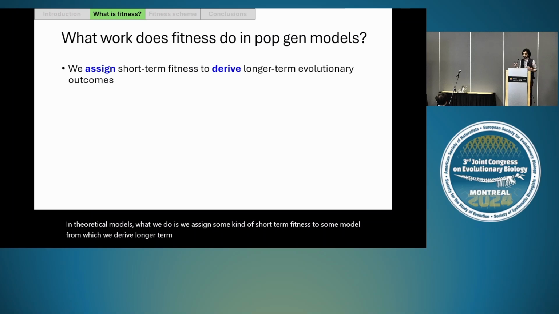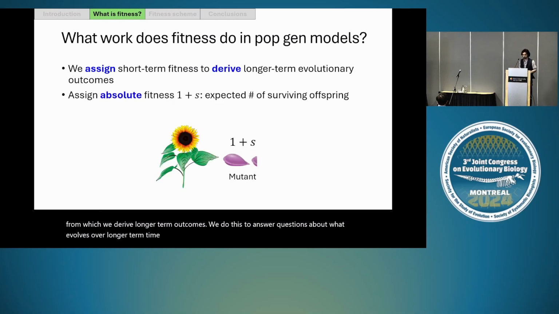We do this to answer questions about what evolves over longer-term timescales. For example, what fitness we assign is different in different models. Absolute fitness, the expected number of offspring produced by an organism over its lifetime, is an example of an assigned fitness that we often use in annual plant models.